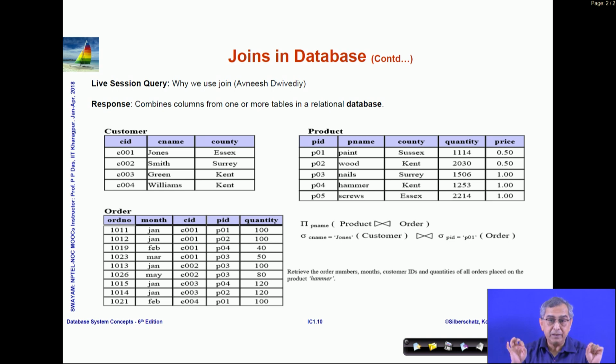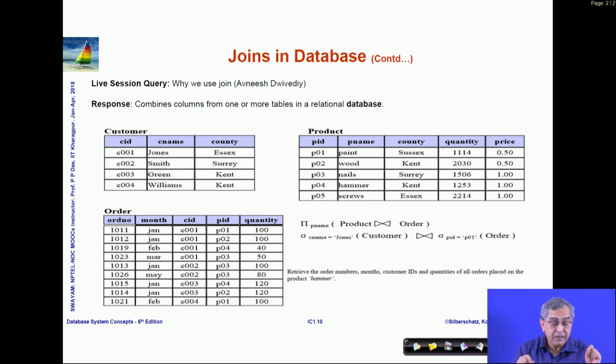So, it is a shipment issue, you will have to decide how to do the shipment. So, if say C001, who is from Essex county, orders a product P05 which is also from the Essex county, then I have a much simpler delivery problem to address.